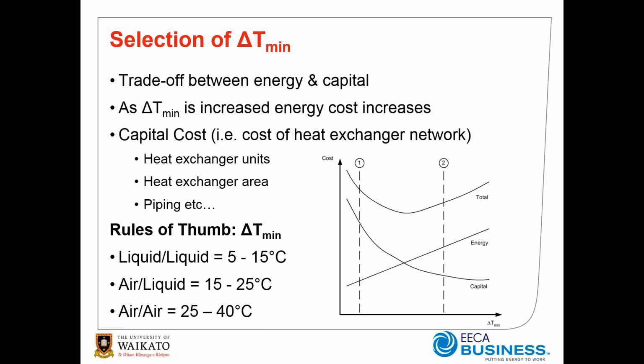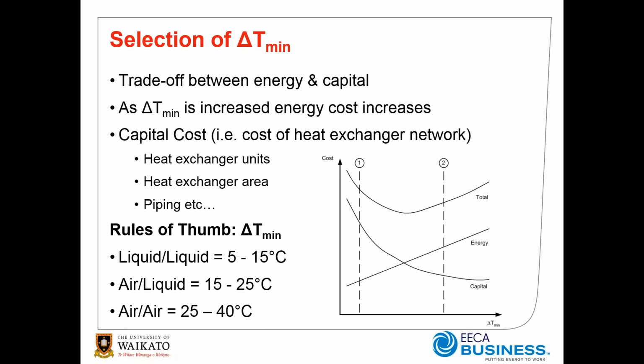Another question here from Gilbert: does this mean the break-even point is where the energy savings and capital cross? Okay, the answer is no. The break-even point can actually be at a much higher delta T min.